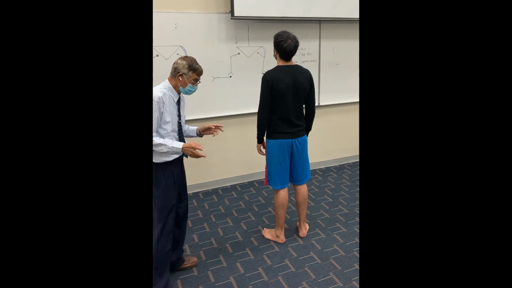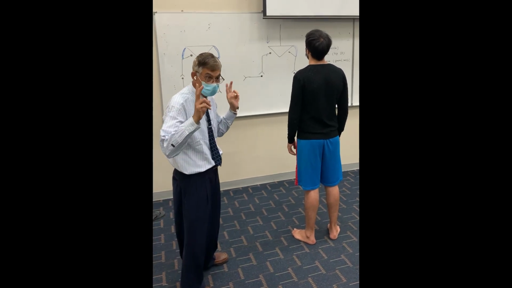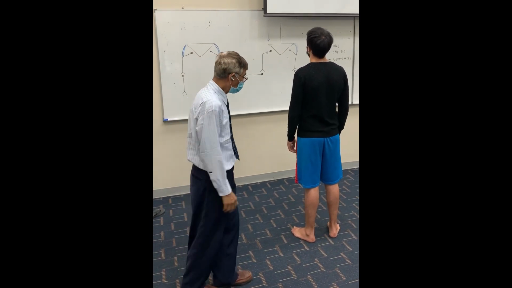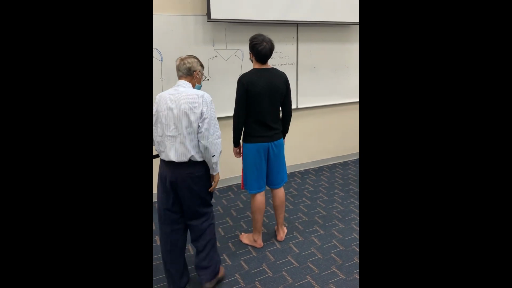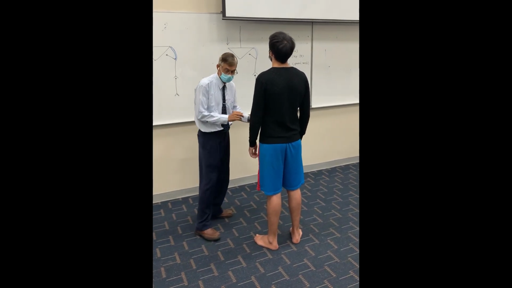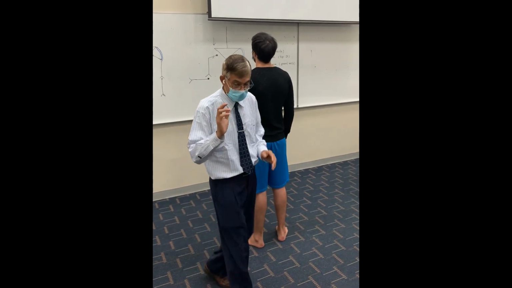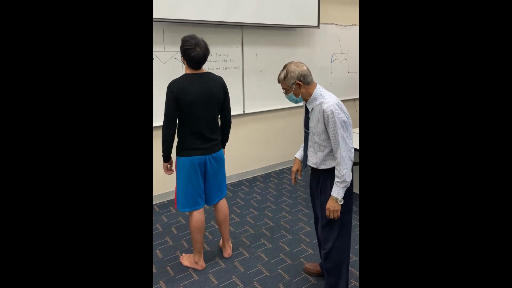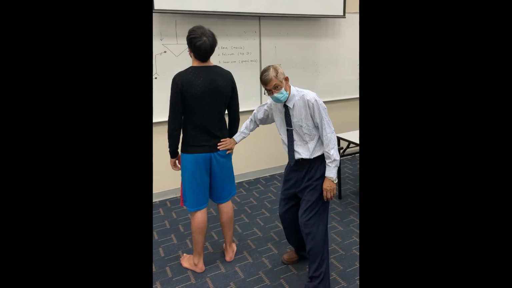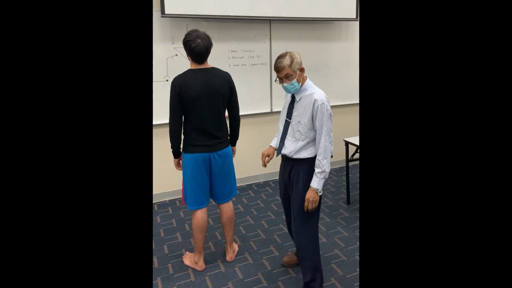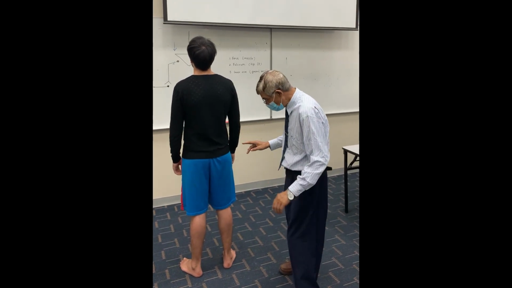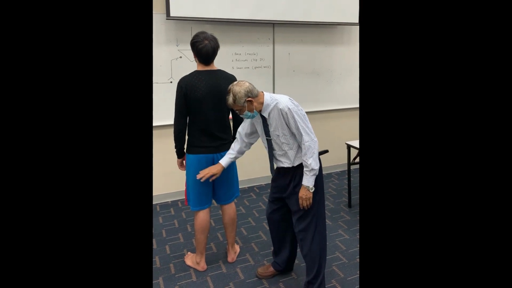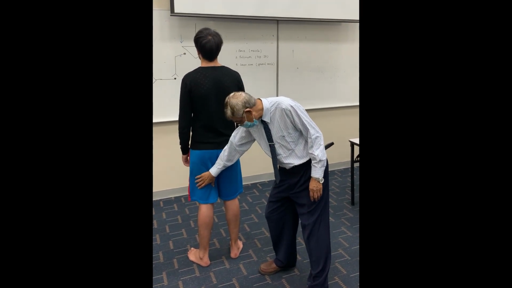The Trendelenburg test can be done in two versions. One is from the back, another is from the front. So now I'm showing the back version. The disease side is on the right side. Ask the patient to stand on the normal, sound side.